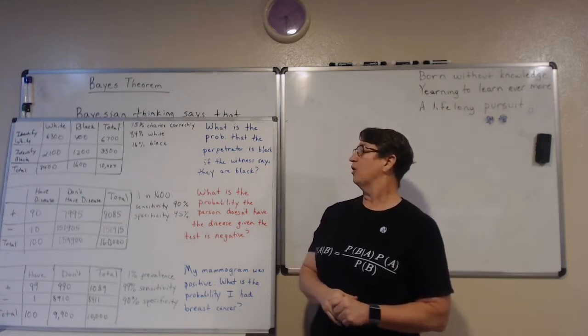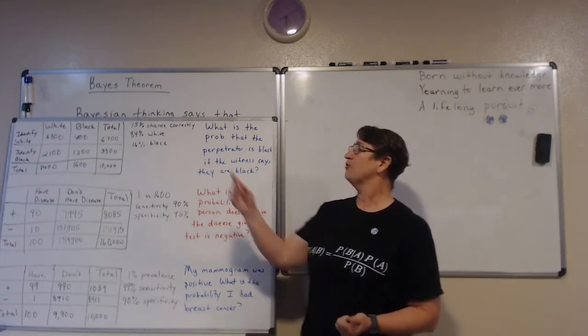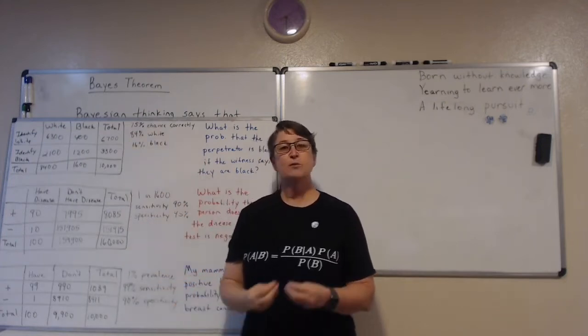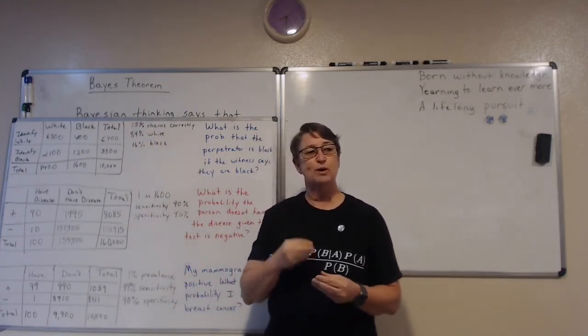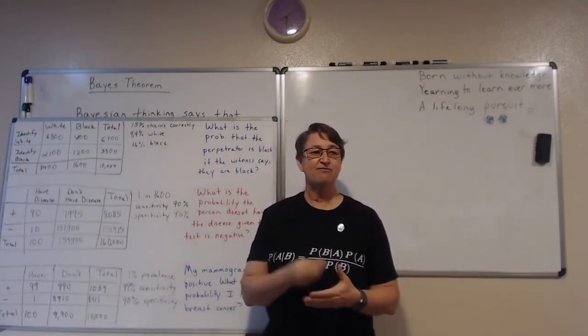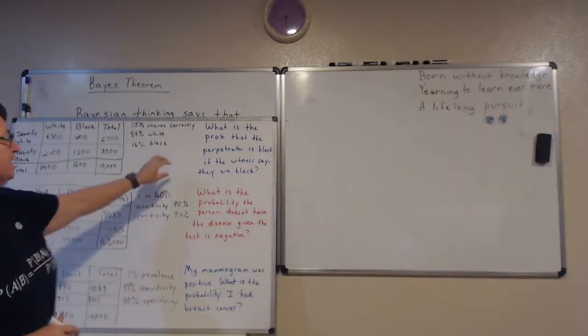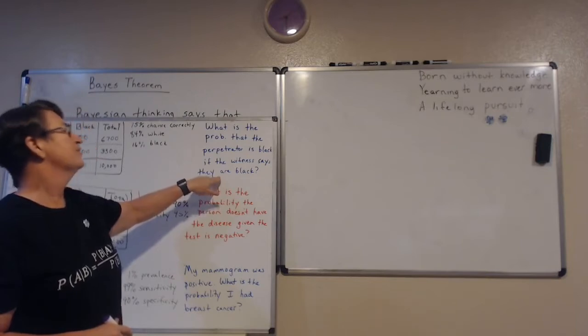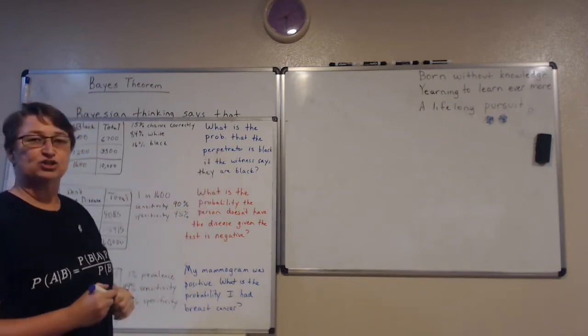So, we know that they have a 75% chance of being correct, but does that probability remain 75%? What's the probability then that if the witness says they're black, that the perpetrator is actually black?